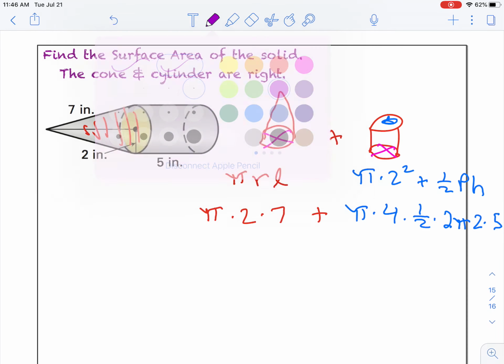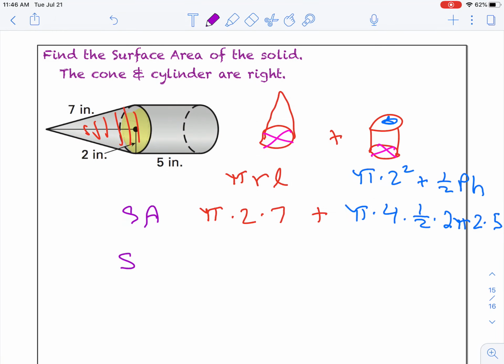So now, calculating my surface area, I have 14 pi plus, now I have some other things like this 1/2 and the 2 cancel out. Oh, this is a plus in here, sorry.